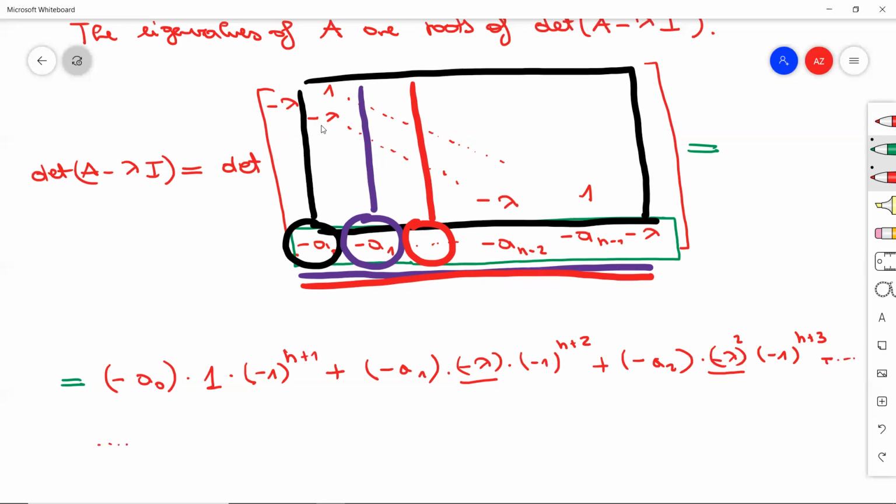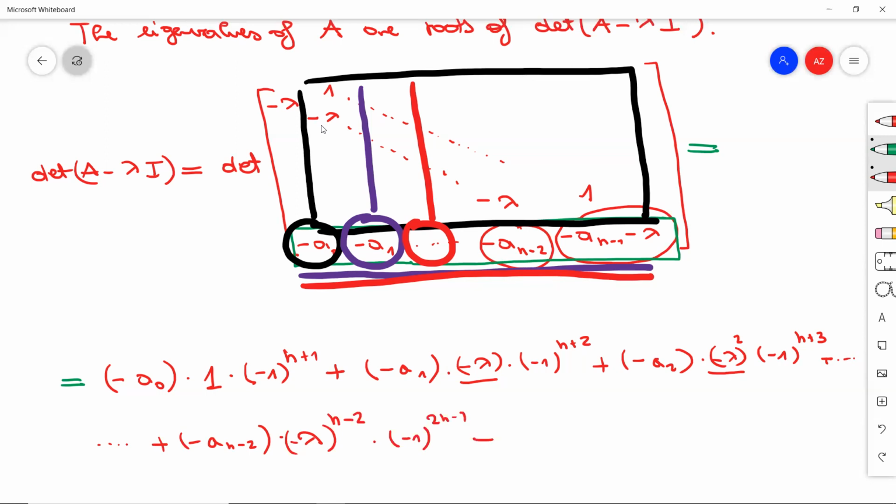The same trick works up to the one entry before the last, but the last one is a little bit different. So the entry in the column n minus 1 is minus a n minus 2 times, here we have n minus 2 lambdas, times -1 to the position, which is 2n minus 1.